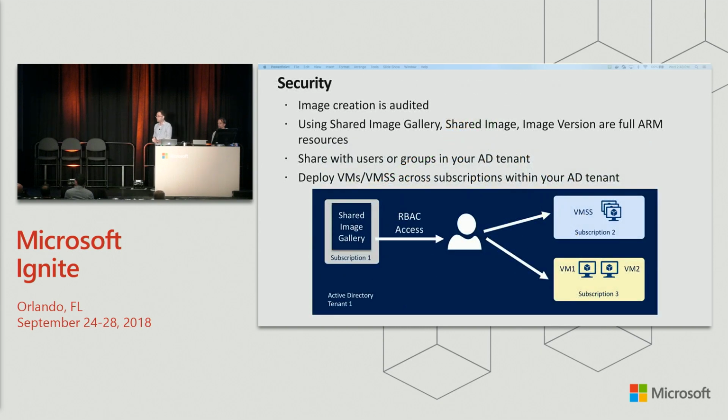Every image that gets created is also subject to auditing. So from the Azure portal, I can have a look in the activity log and see who's gone and created that image. Like I mentioned before, you can share these images or image versions with your colleagues as long as you're in the same Active Directory tenant.